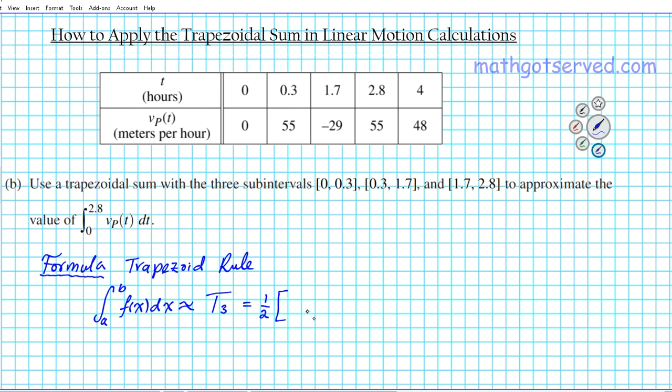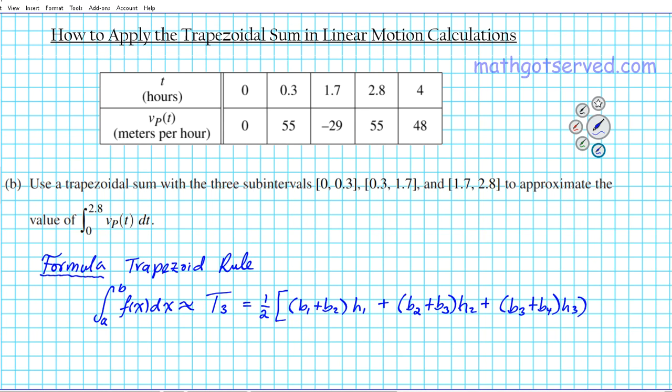Each trapezoid is 1/2 sum of parallel lines times height, over and over again. So for trapezoid 1, it's going to be 1/2 b1 plus b2 times height 1, h1. For t2, it's 1/2 times b2 plus b3 times the second height. And for the third trapezoid, it's going to be b3 plus b4 times the third height.